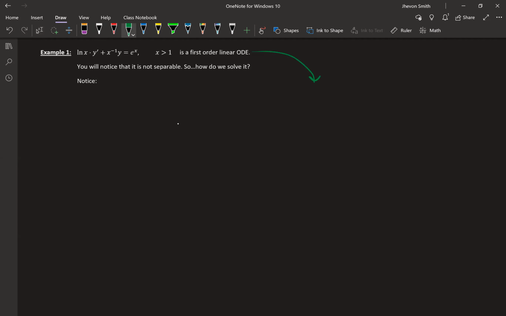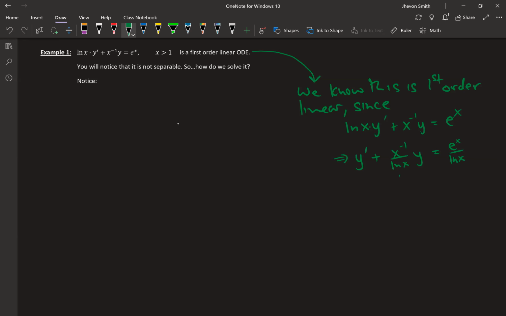First thing I want you to realize is that this is first order linear, since if I had ln of x times y prime plus x to the minus 1 times y equals e to the x, I can divide all sides by ln x, as long as it's not 0.